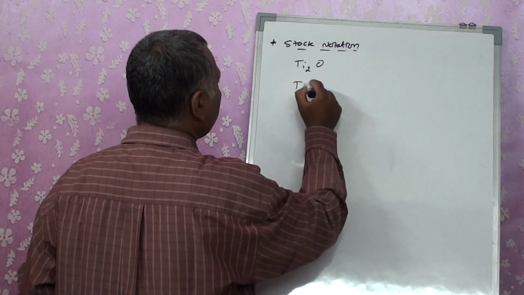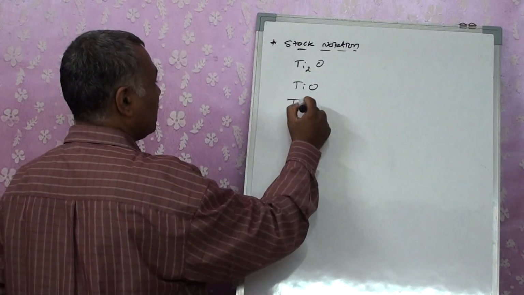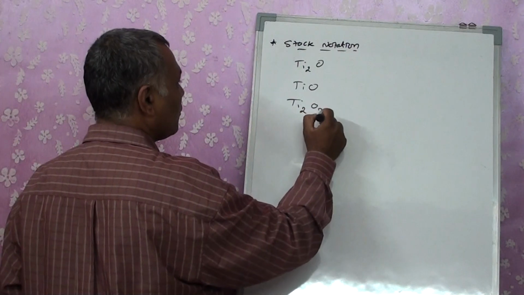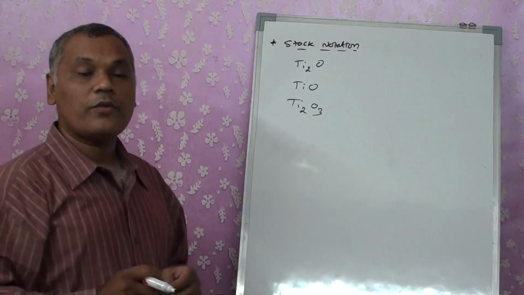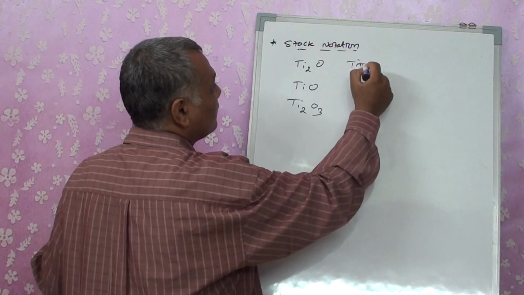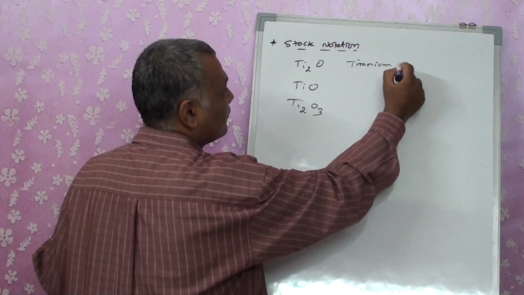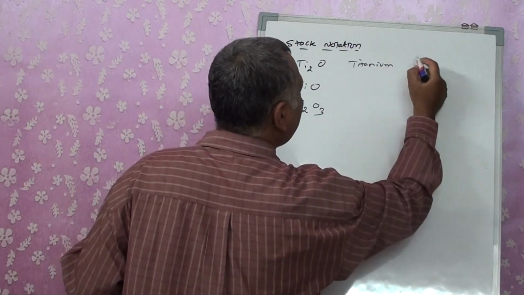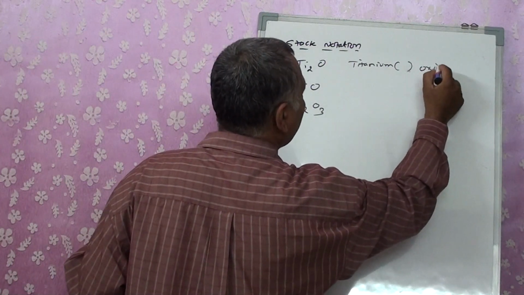We have Ti2O, TiO, Ti2O3. See, all of them are titanium oxide.